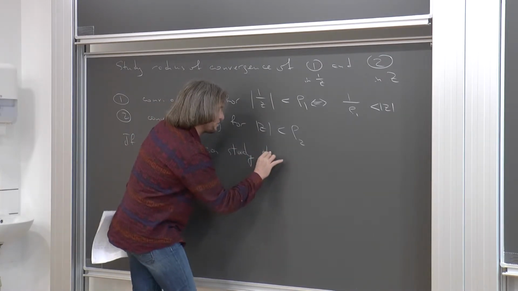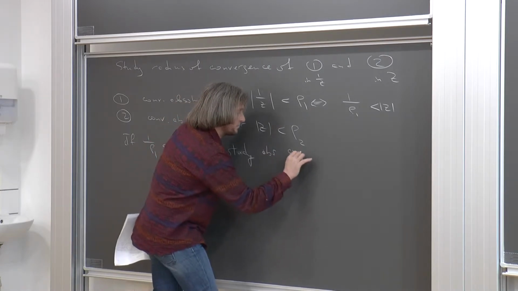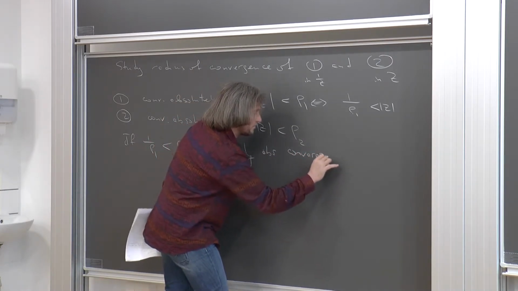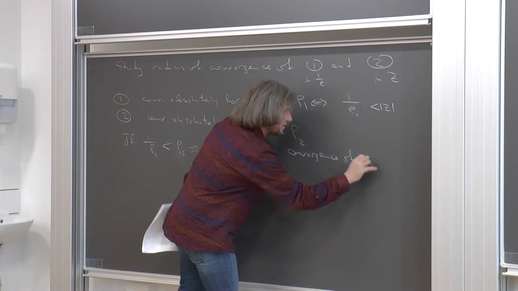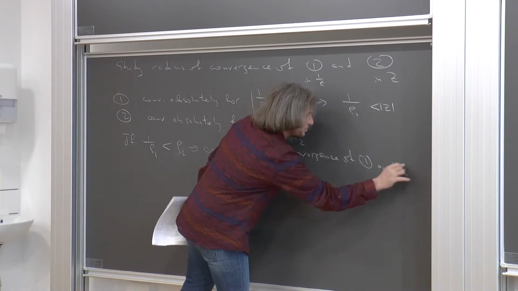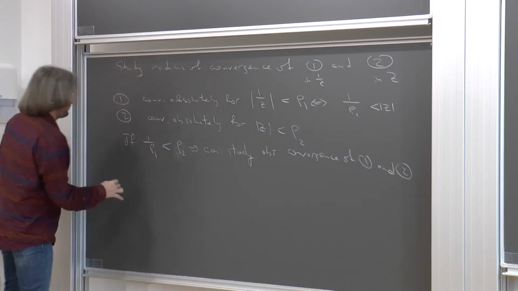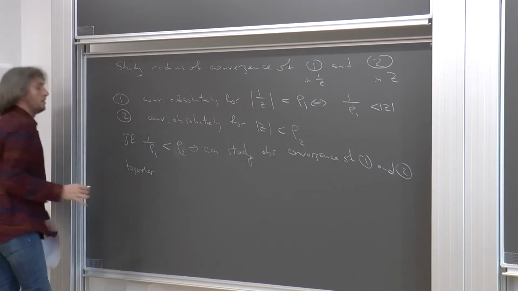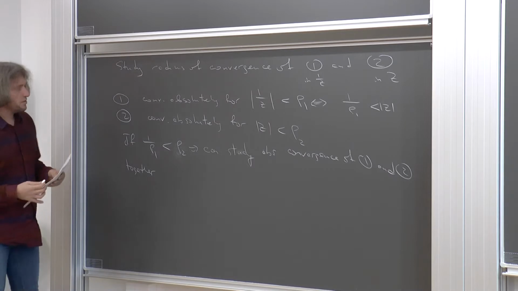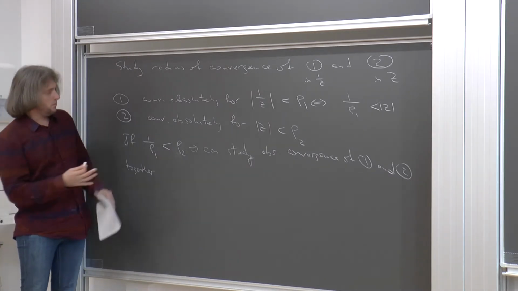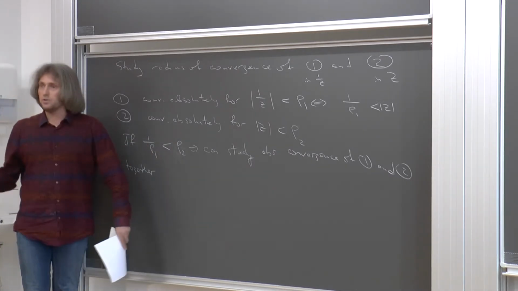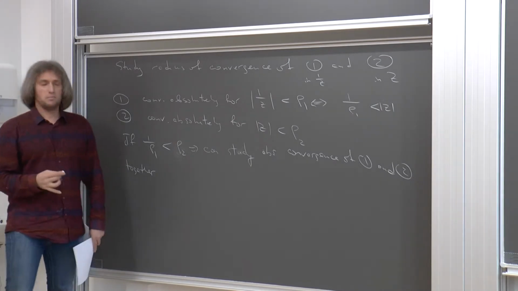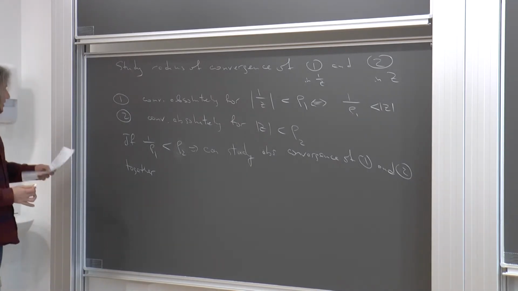So absolute convergence of 1 and 2 together. Well, it's a condition on series. So of course there are series where this is not satisfied. Then we cannot talk about convergence. But we impose this condition.